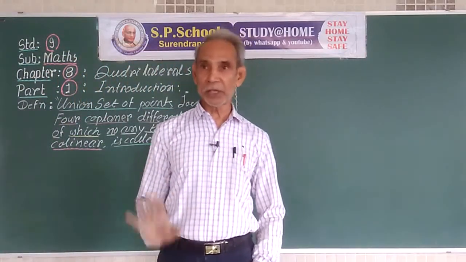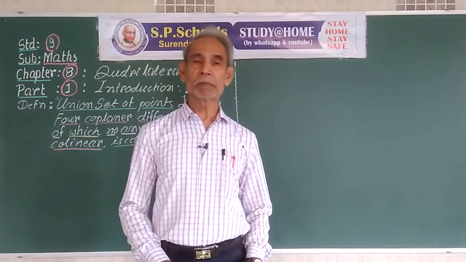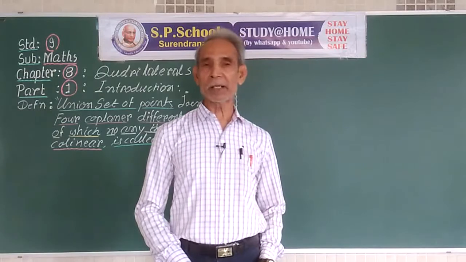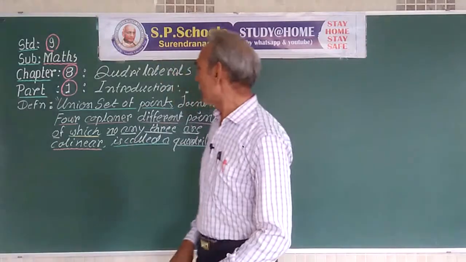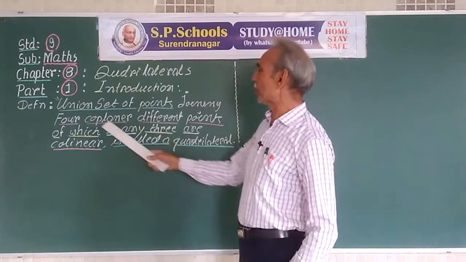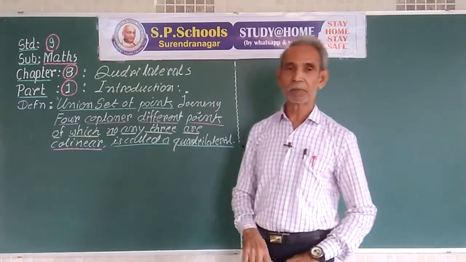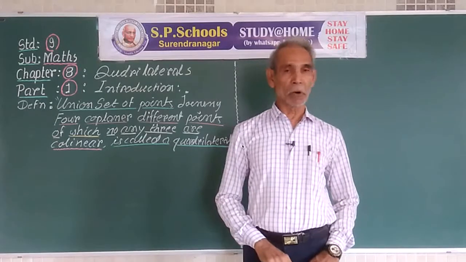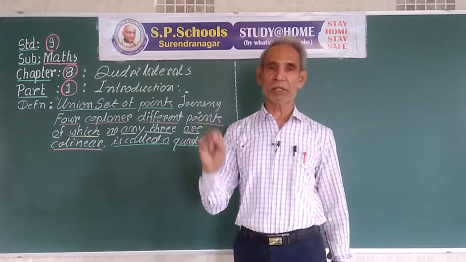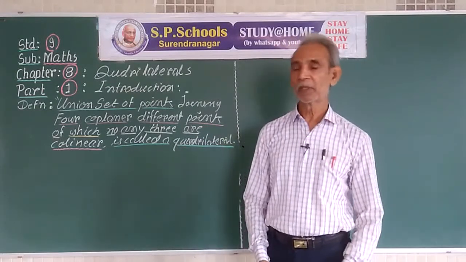What are the conditions for a figure to be a quadrilateral? The first condition is 4 different points, and we have to join these points by line segments.